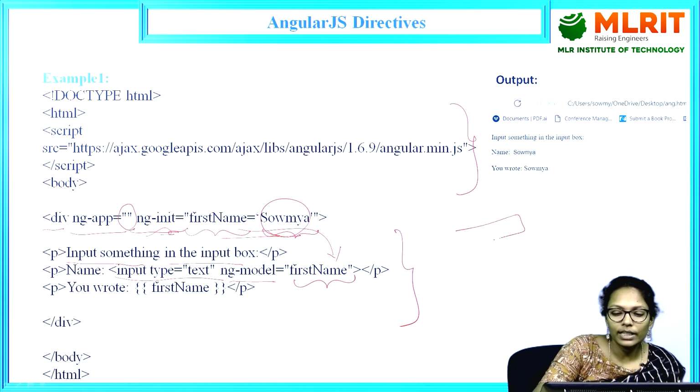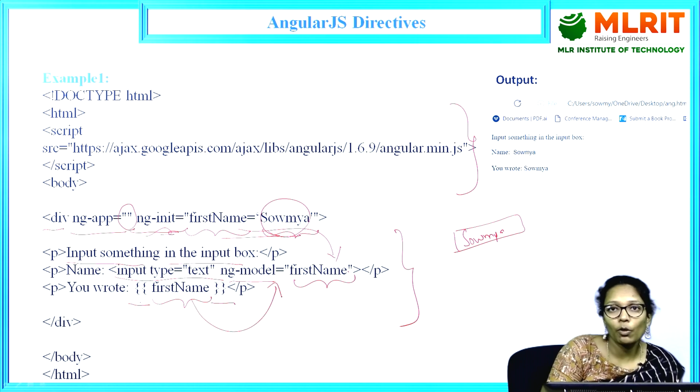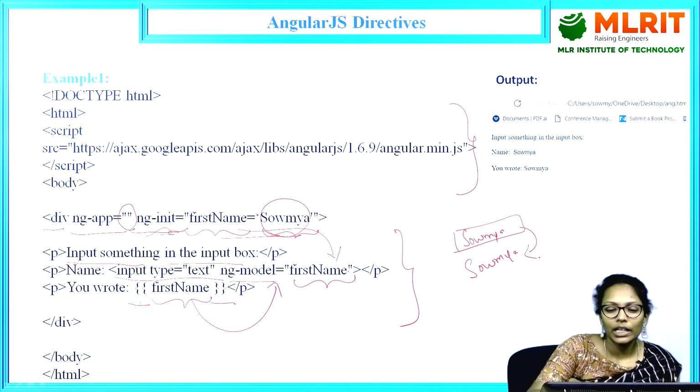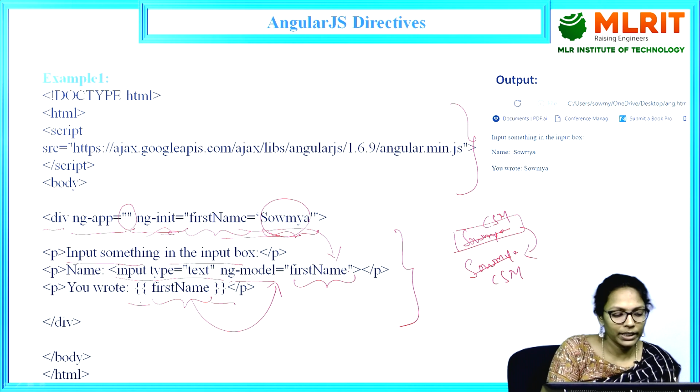So within that text field, initially what will it show? Sowmya. And the same thing will be displayed here. Why? Because you are binding. The data binding will be done here. And what you are displaying here is the same ng model. So whatever is there in the text field, the same thing will be displayed. If I cut this and write something, the same thing will be displayed here also, right? The same thing will be bound here also.